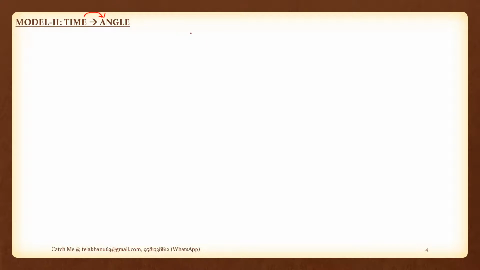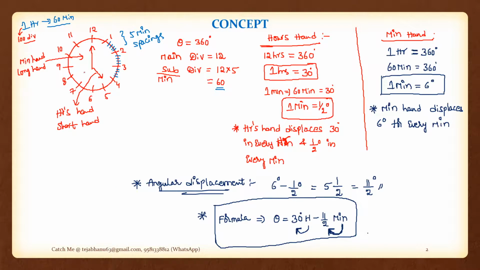If you consider the concept, this is the angle theta, this is the internal angle, and this is the angle which is nothing but 360 degrees minus theta, which is the external angle.